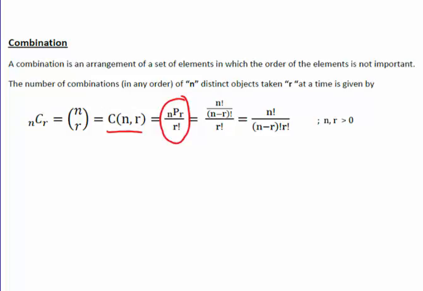In this case, we're going to say n choose r. Well, nPr divided by r factorial just becomes this equation: n factorial over n minus r factorial times r factorial, and again, n and r are always greater than 0. So if we want to find a combination, it's very similar to a permutation. We just have to consider, does order matter?